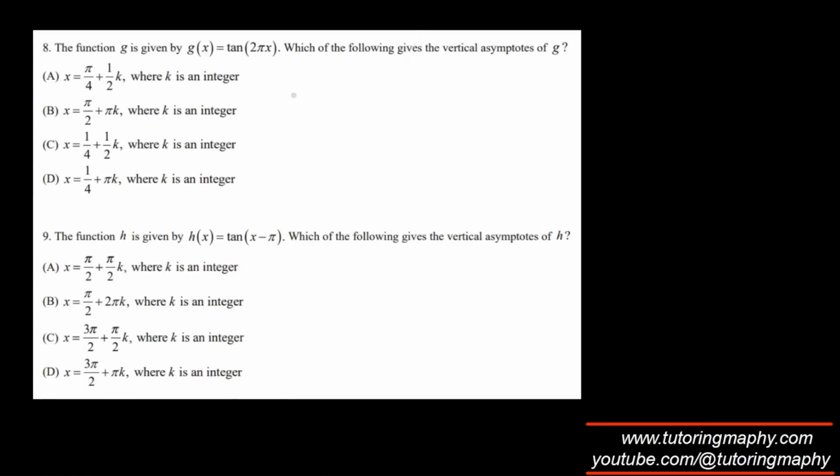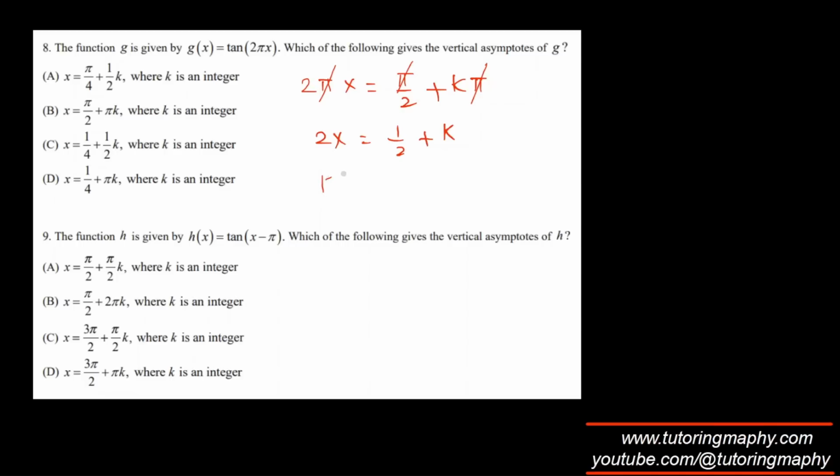All right. Here we need to find the VA. So VA is going to be, once again, 2 pi x should be equal to pi over 2 plus k pi. Well, it's funny that pi and pi and pi is gone, dividing pi on both sides. That's another way to think about it. So 2x will be equal to 1 over 2 plus k.